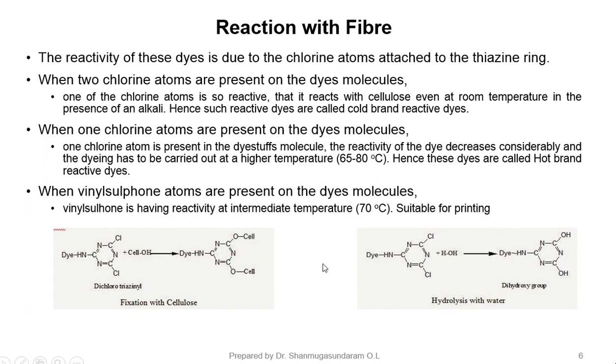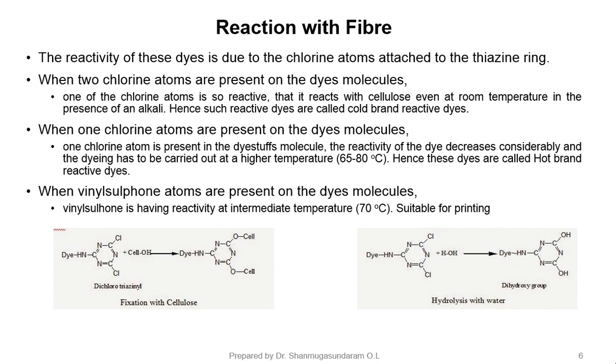So covalent bond formation takes place between the dye and the fiber. Simultaneously, another type of reaction also takes place in the presence of an alkali, which produces hydrolyzed dye. The dye reacts with the hydroxyl group present in the cellulose. Simultaneously, the dye reacts with the hydroxyl group present in the water molecule. What happens to the water molecule? It ionizes into H plus and OH minus.